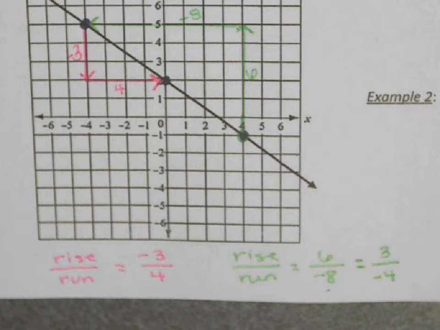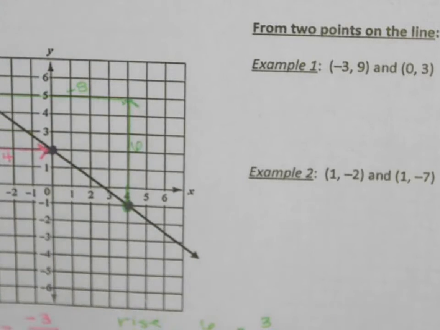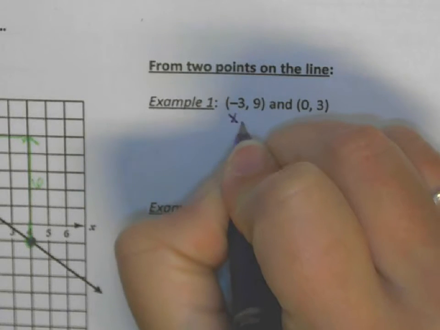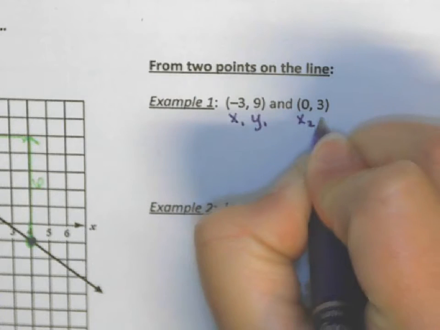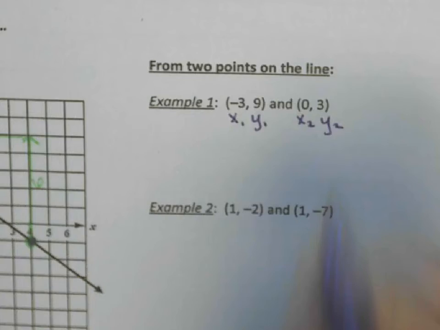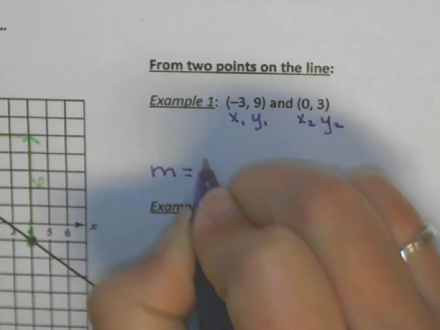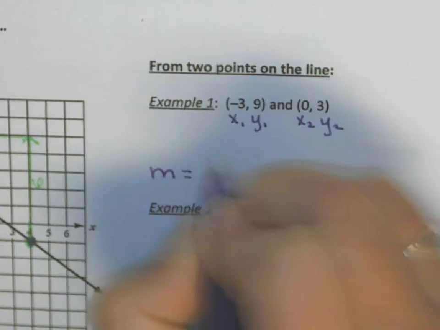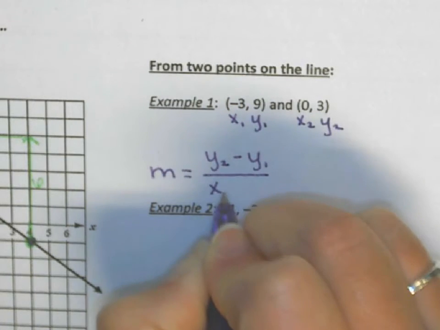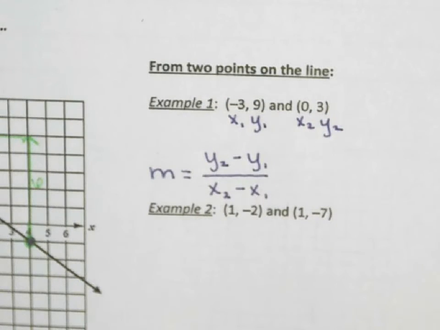Okay, so the next thing that we're going to do is do this but from 2 points. So our points here, we have to label them. Which one do you want to be point 1 and which one do you want to be point 2? It does not matter. I usually just start writing x1, y1, x2, y2. And then I'm going to plug this into my formula. My formula says that to find slope, I take y2 minus y1 over x2 minus x1.